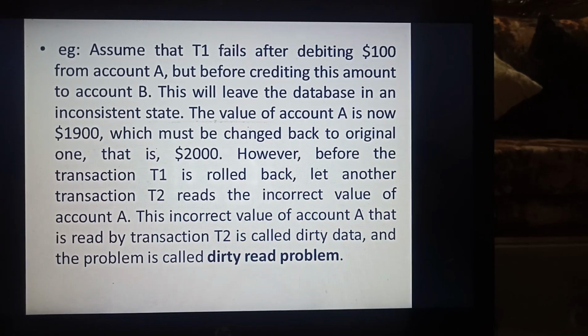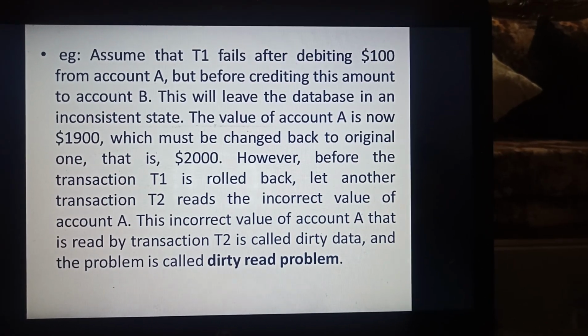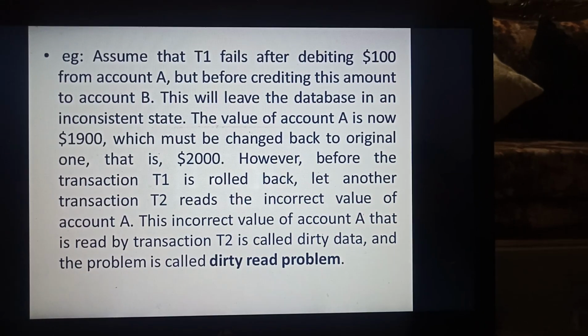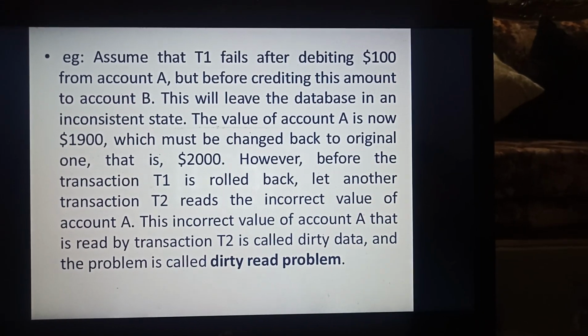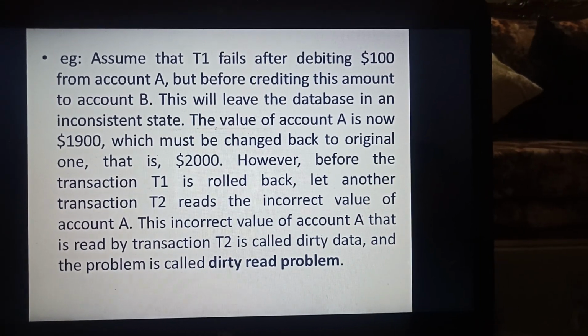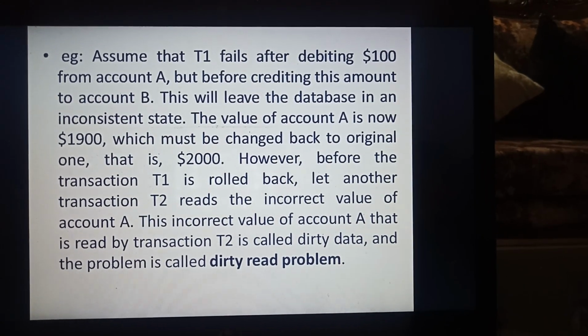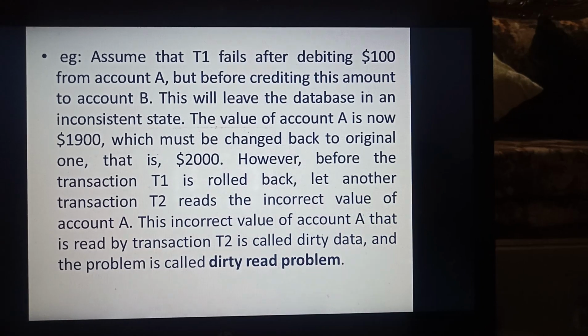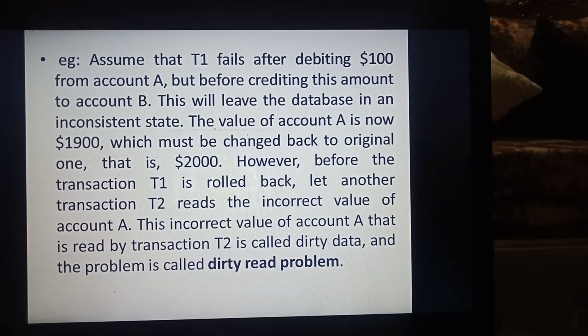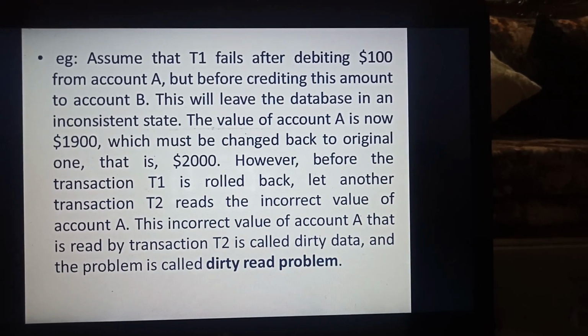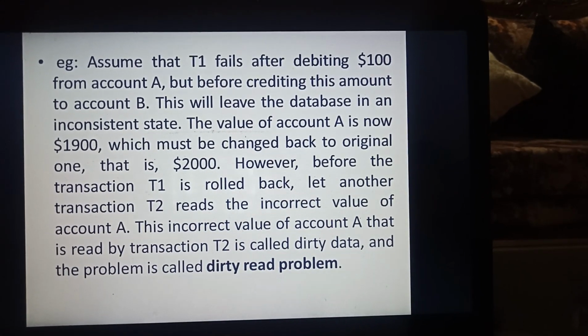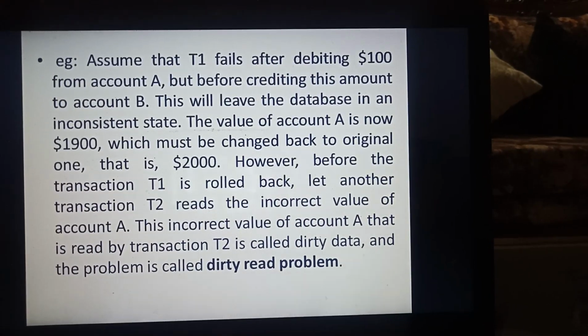Now assume that T1 fails after debiting $100 from account A, but before crediting this amount to account B, this will leave the database in an inconsistent state, and the value of A is now $1,900, which must be changed back to its original, that is $2,000, because transaction T1 has failed.